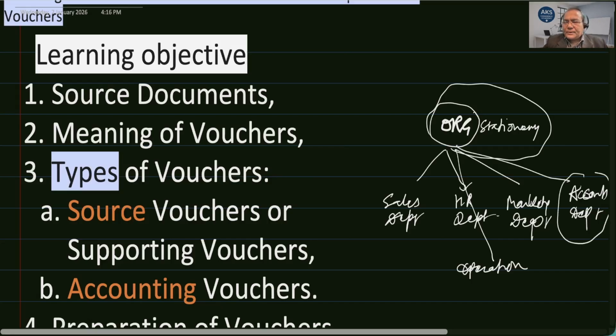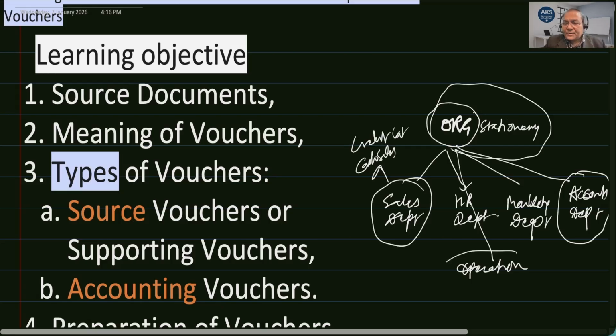Now in this particular organization or firm, many day-to-day business transactions happen. What are these business transactions? We have the sales department, which sells the product in the market. They often go to the market, and they also claim certain advances in money in order to meet day-to-day expenses. They do selling, which may be cash sales or credit sales.